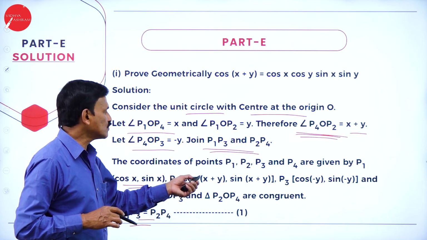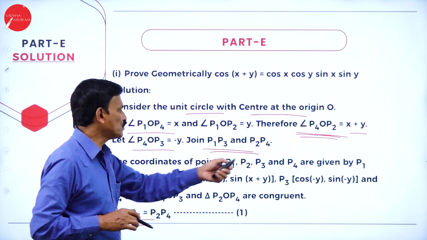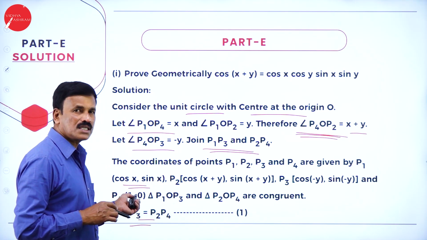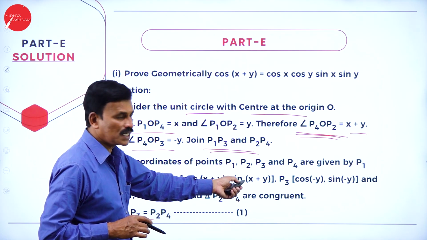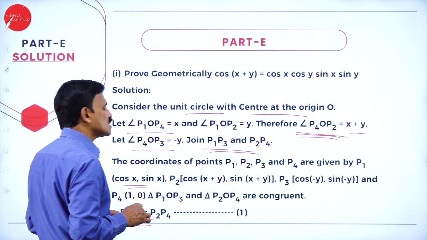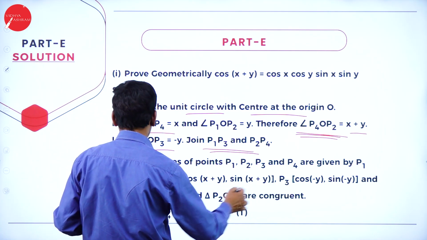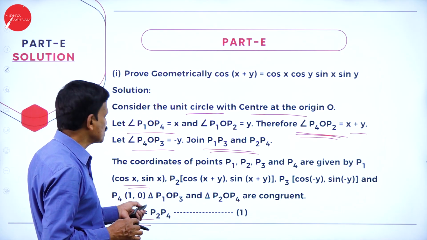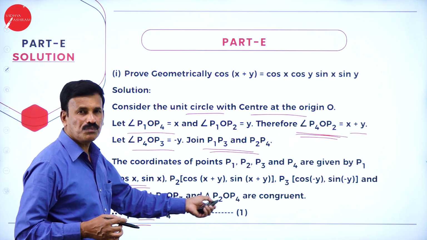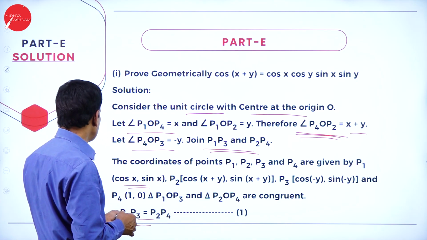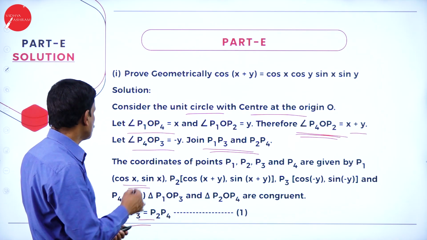The coordinates of P1, P2, P3, P4 are: P1 is cos x, sin x; P2 is cos of x plus y, sin of x plus y; P3 is cos of minus y, sin of minus y; and P4 is 1, 0. Since the triangles P1 O P3 and P2 O P4 are congruent, P1 P3 is equal to P2 P4.